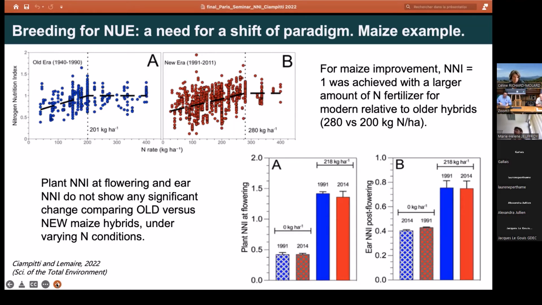When you look at the old versus the new hybrids, and you look at without nitrogen and with high fertilization rates, just looking at the two corners, we haven't changed the nitrogen nutrition index. I think that is because we have been focused specifically on breeding for high biomass and yield. Not only we haven't changed the plant, we haven't changed the concentrations of NNI.